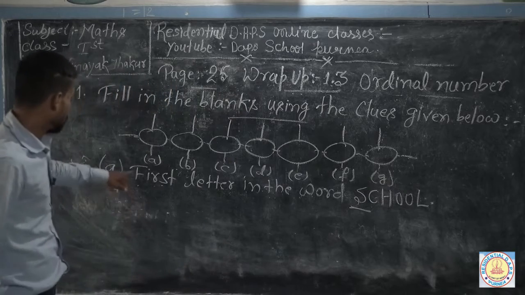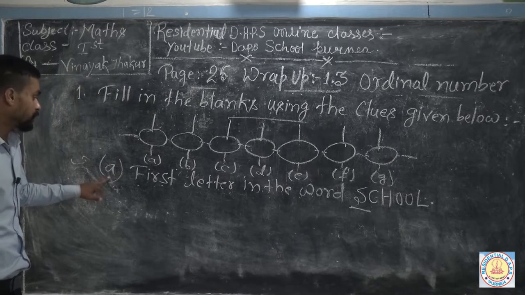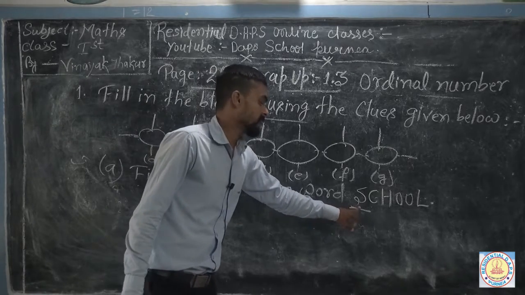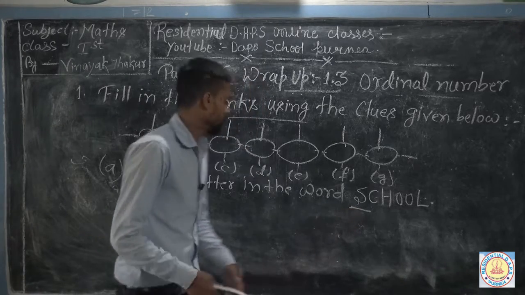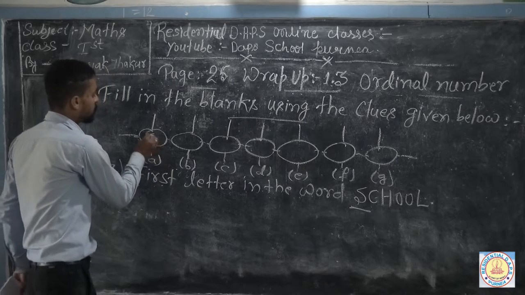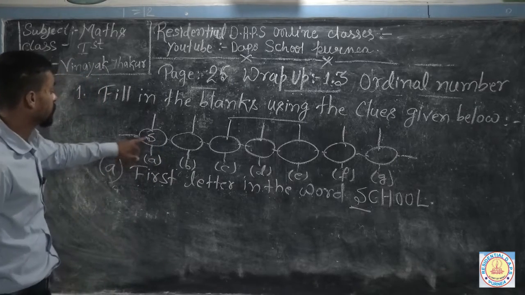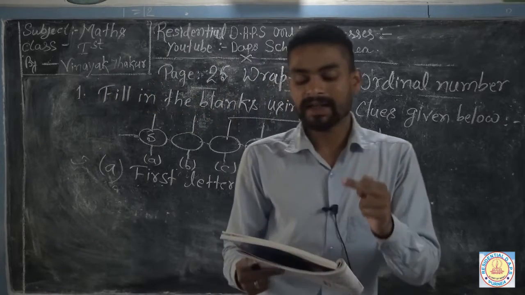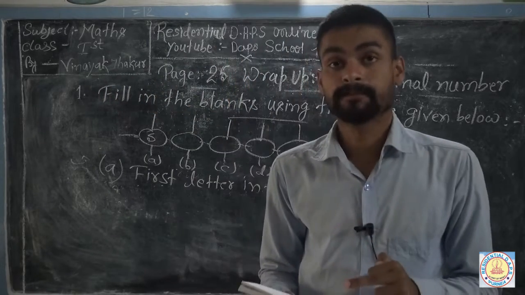So guys, in your first question A, the first letter in the word is S. So you can put S here in the first column, like that. In your second question, the third letter in the word Thursday.